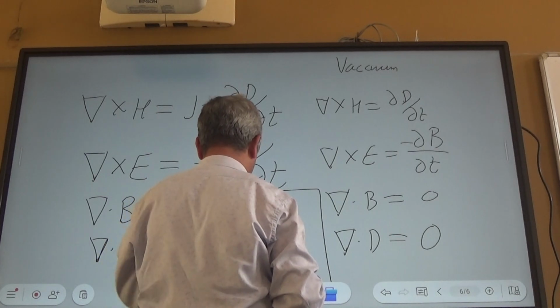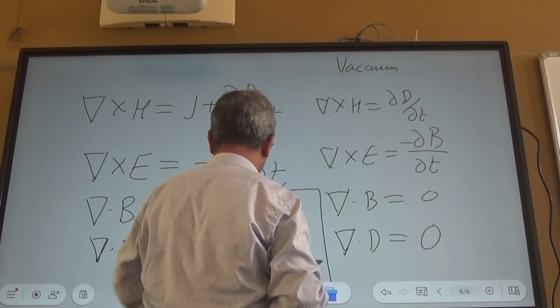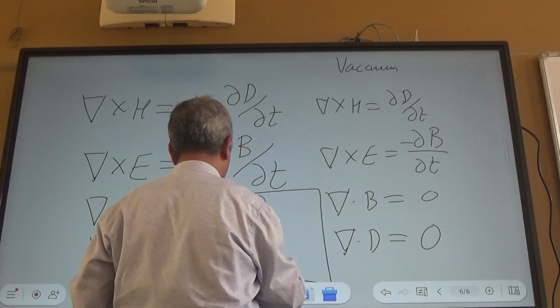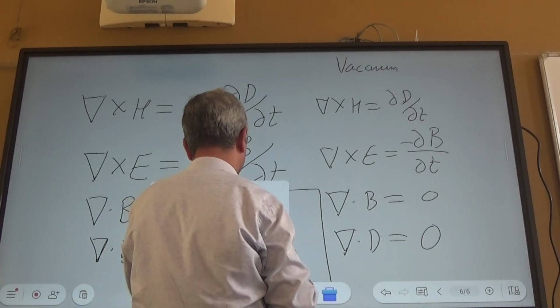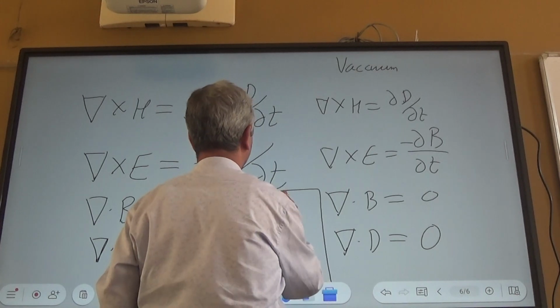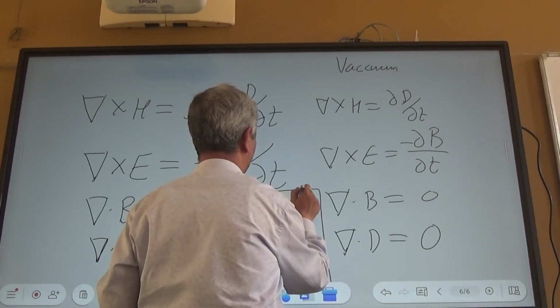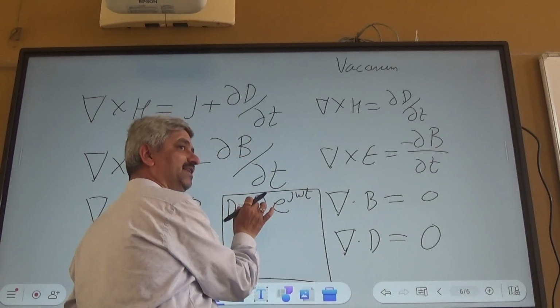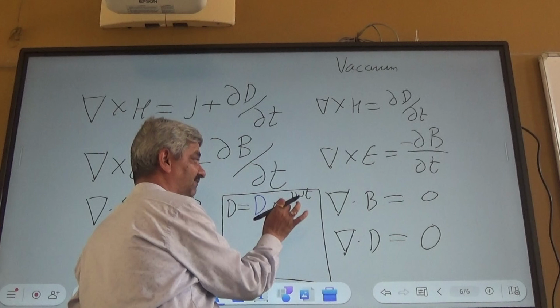You will understand it better. You go through the book and then you understand. So D e raised to j omega t. Each term is equal to magnitude and then phasor, frequency.